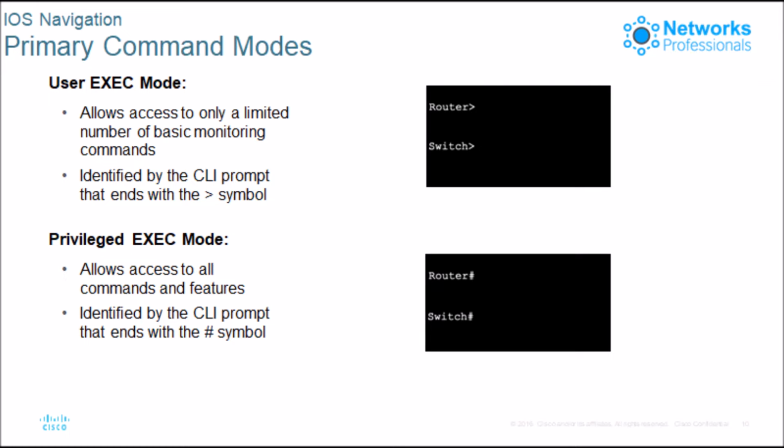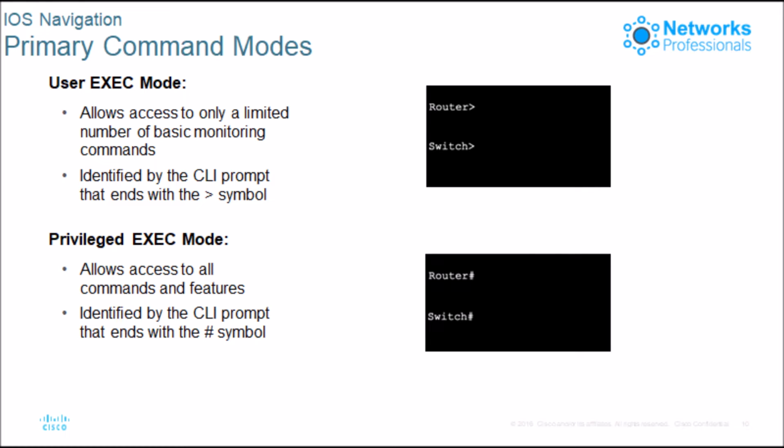Privileged exec mode is the second mode of our Cisco iOS device, and it is a strong mode used to execute configuration commands. A network administrator must access privileged exec mode.